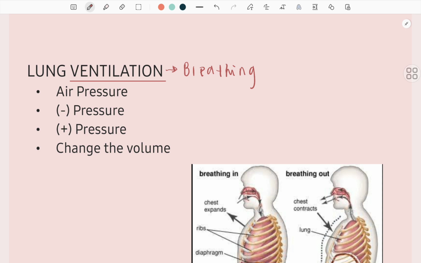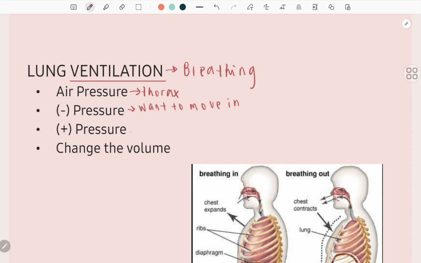Breathing works by changing the air pressure in our thorax. If you lower the air pressure, the air will want to move in to equalize the pressure.